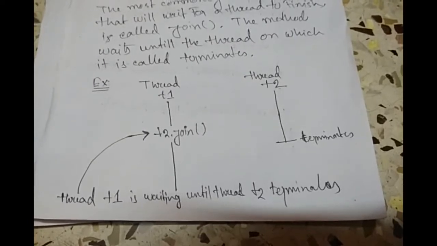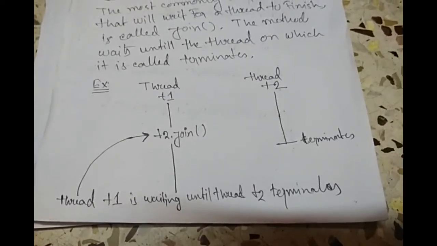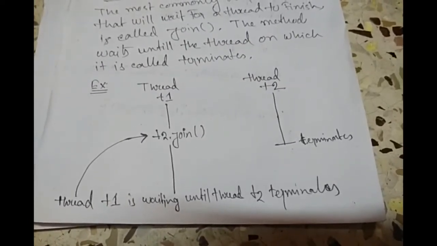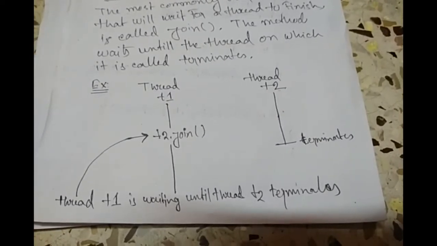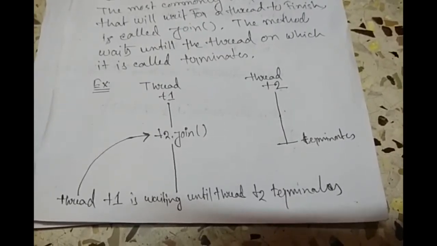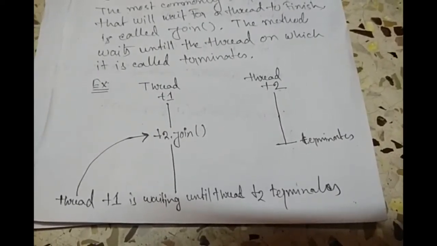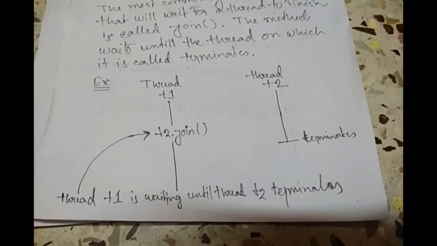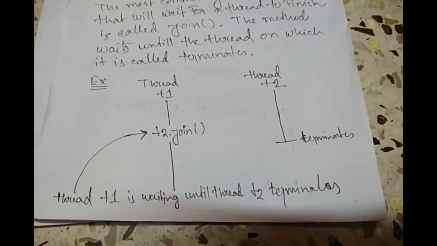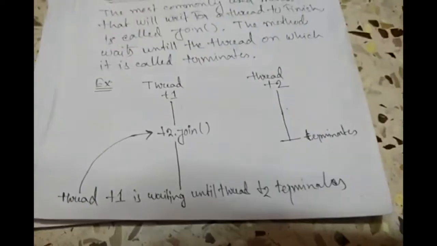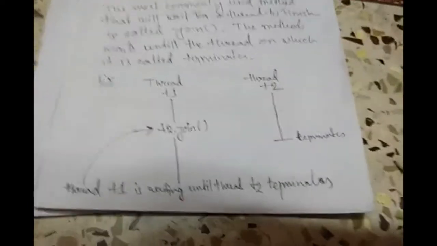This line means that thread T1 is waiting until the thread T2 terminates. As you can see, after a certain time, thread T2 terminates, and in that case thread T1 waits for thread T2 to join.